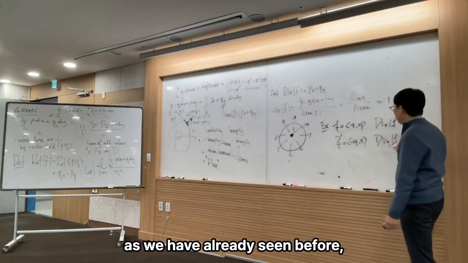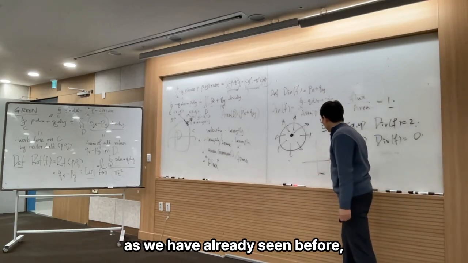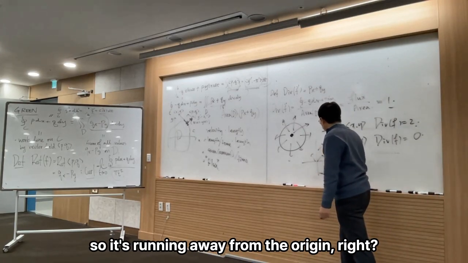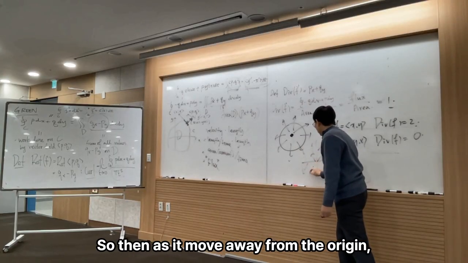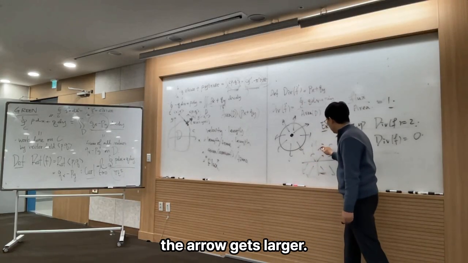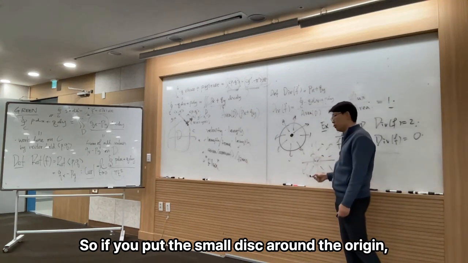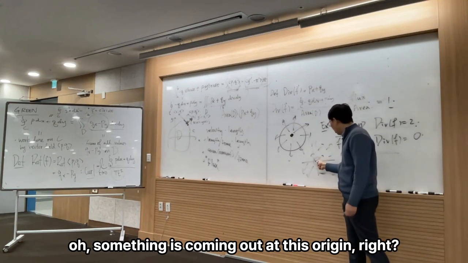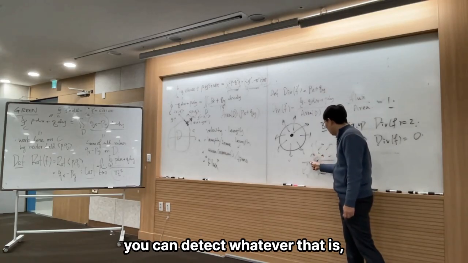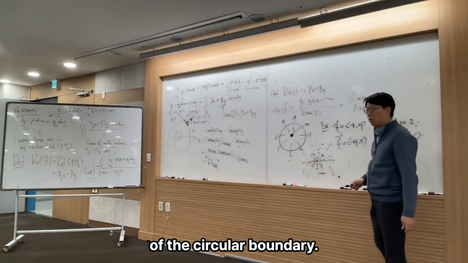This one, as we have already seen before, runs away from the origin, and as it moves away from the origin, the arrow gets larger. So if you put a small disk around the origin, you can always say that something is coming out at this origin, so you can detect whatever is crossing the border of the circular boundary.